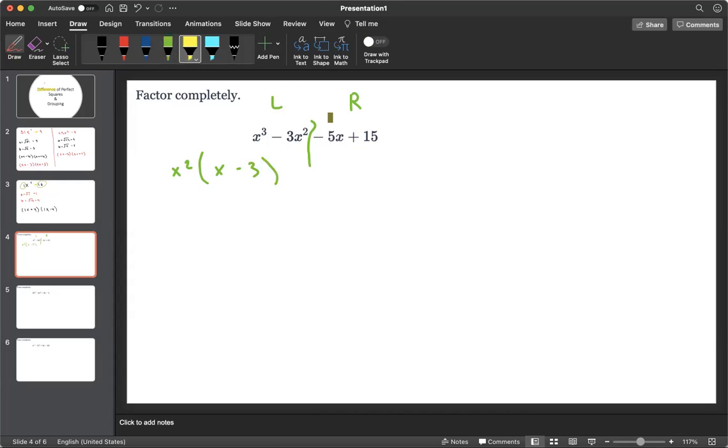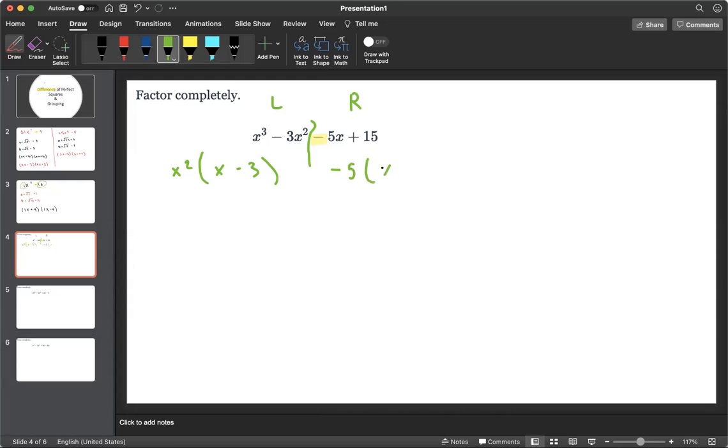On the right side, it is important: see that negative 5x, that means we have to take out a negative. It doesn't matter what numbers there are. If you see a negative something x on this right side, you have to take the negative out. Then my GCF is a 5.